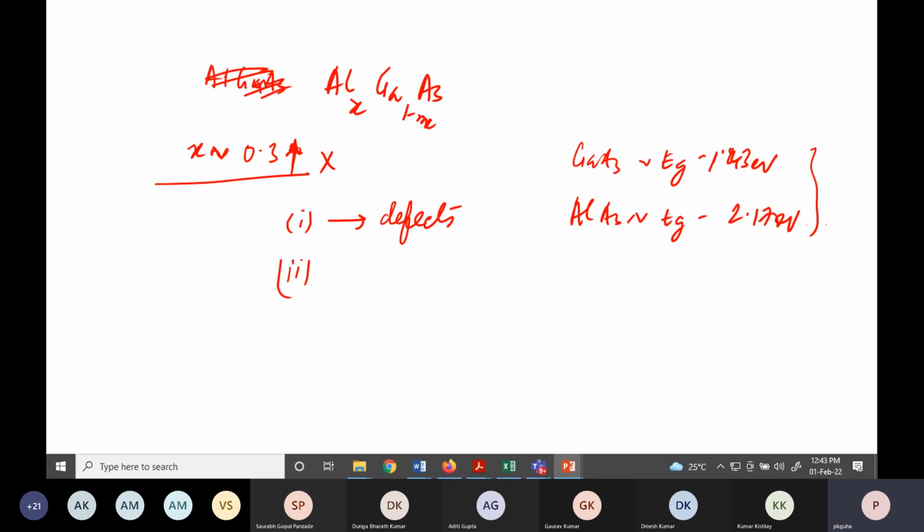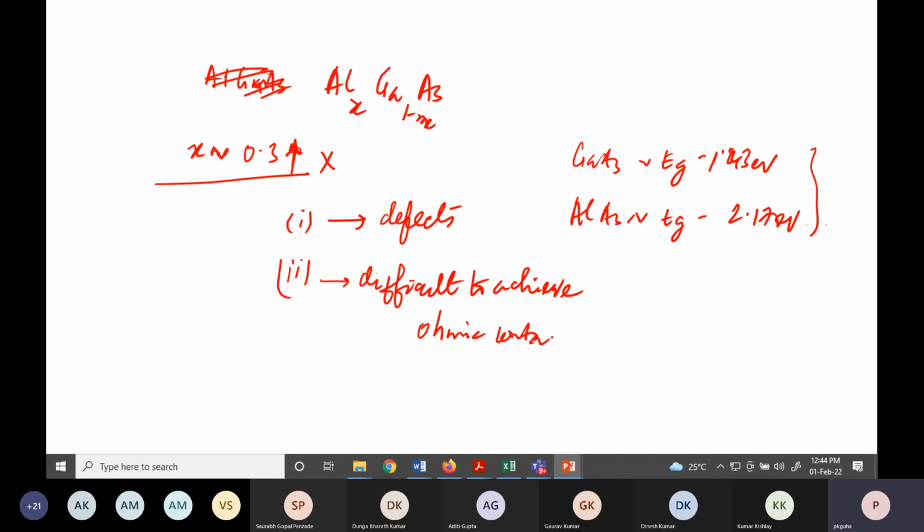So if you keep on increasing the aluminum content, the band gap will increase, and then it will be difficult to achieve ohmic contact.